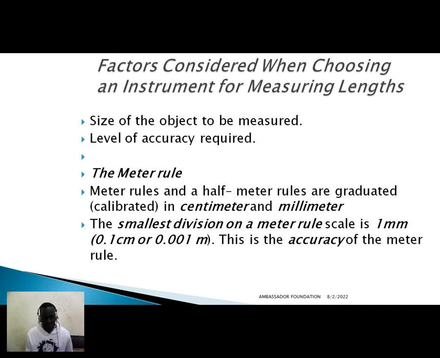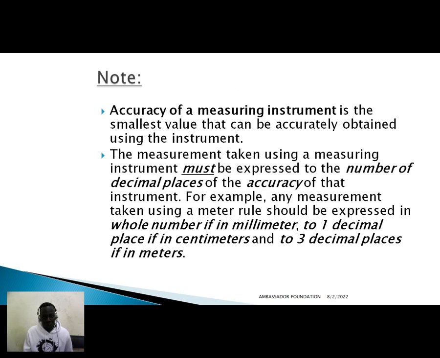It tells whoever you are giving that information that it should be 0.0 centimeters. So you have to put it in the correct value. So I'm just giving you here what it means: the accuracy of a measuring instrument is the smallest value that can be accurately obtained using the instrument.